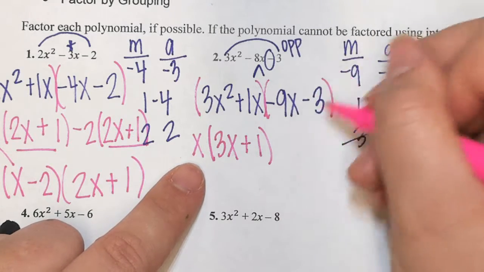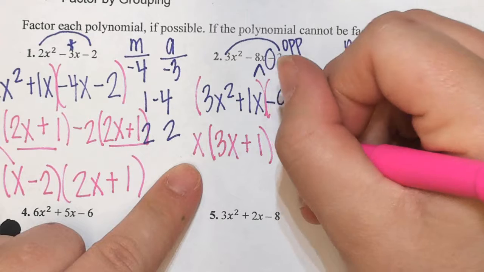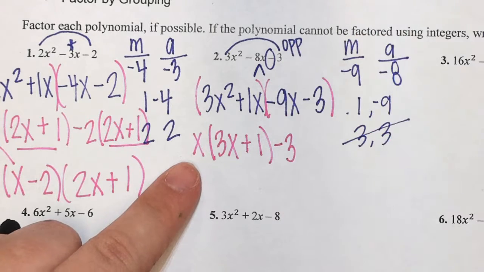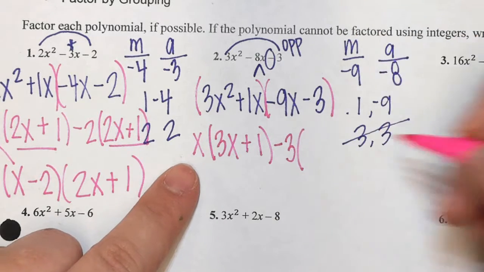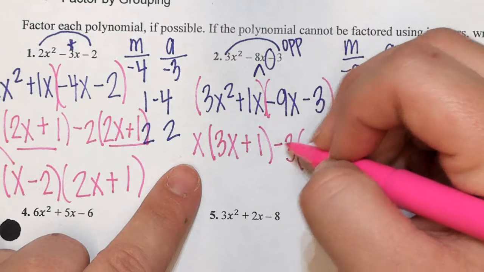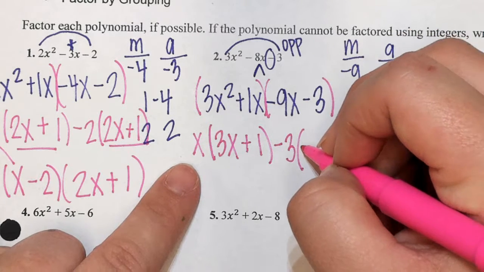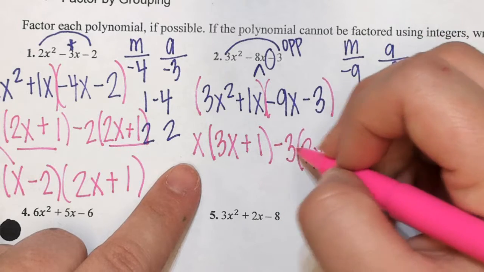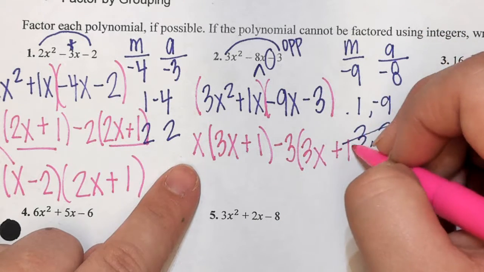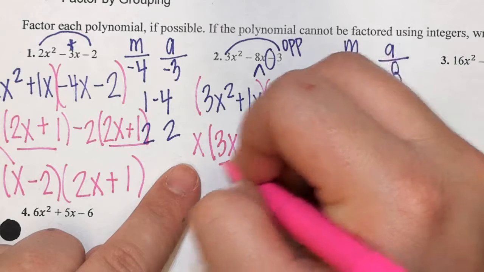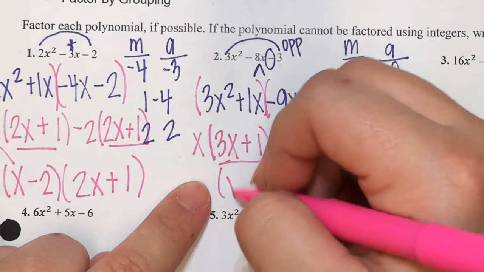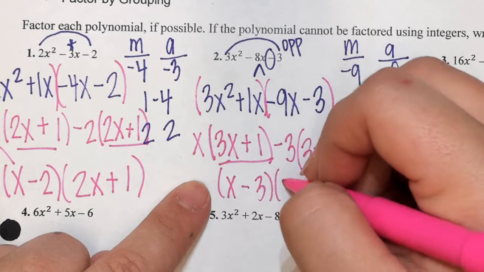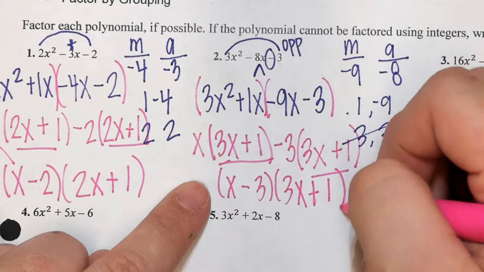What am I going to factor out of this one? -3, because there's 2 negatives. -9 divided by -3 is 3x, -3 divided by -3 is +1. Are these the same? Yes. Regroup: x minus 3, 3x plus 1.